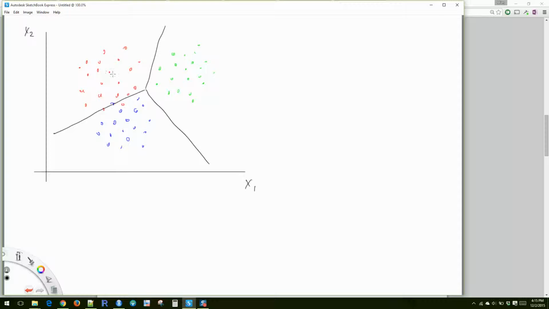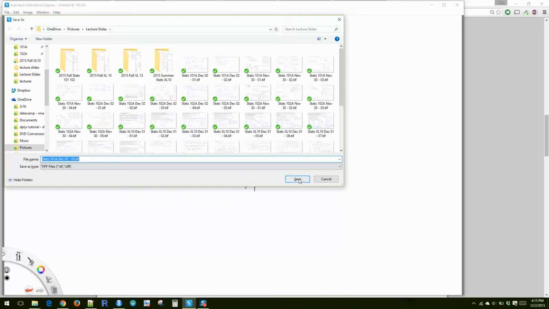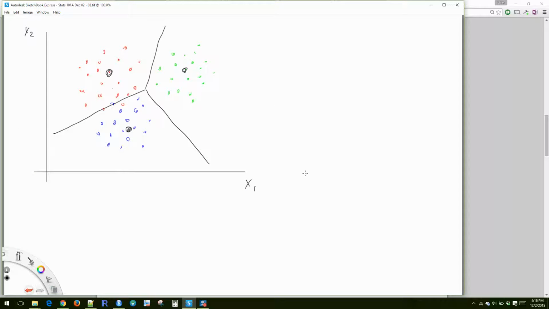It's going to find the mean of these points, probably something around here, and something around here, and something around here, and based on that, we're going to classify it this way, all right? So we can try this out with R, and we can see how well it performs. Okay.